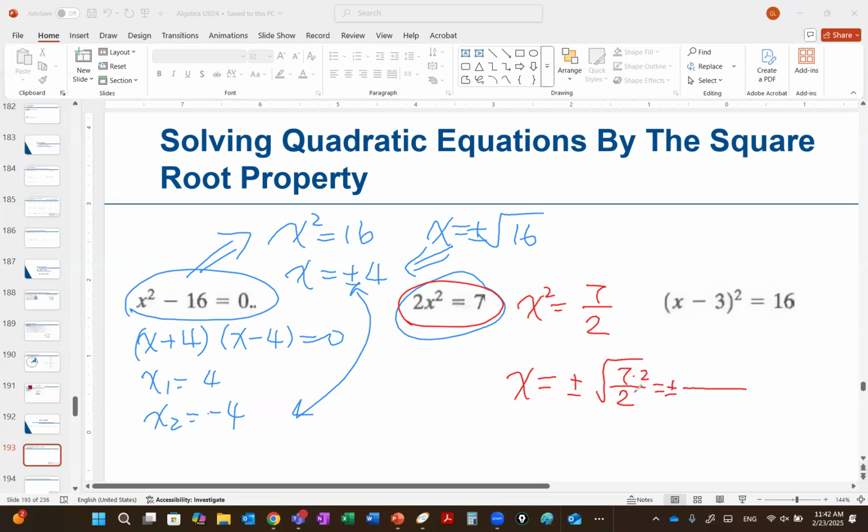So times 2 here, the bottom became 4, right? So anyone know how to rationalize the denominator? Anyone can do this then? No problem, right? Okay, very good. Right. So here the 2 solutions are here, right? For this one. All right. Anyone can do this part?